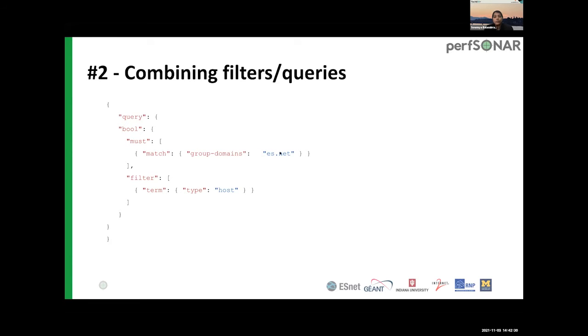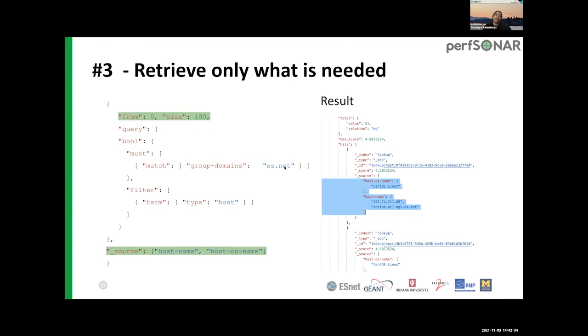But now we'll move on to things that we can leverage as part of the Elasticsearch query itself. One thing is you can retrieve only what is specifically needed. In the case of the legacy query, if you wanted a subset of host records, it was going to return the entire thing. But here you can specify how many you need, and especially combined with some aggregations, you can sort and then just retrieve the top 10 results.